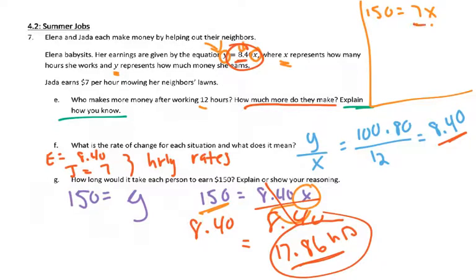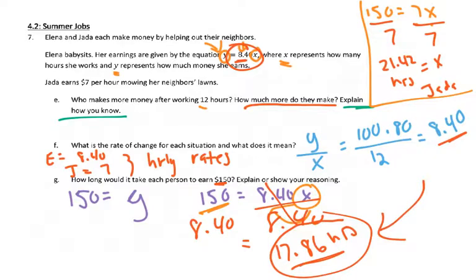If I divide each side by 7, I'm going to get how many hours she has to work. So 150 divided by 7 is approximately 21.42 hours in order for Jada to make $150. Remember, right here is Elena's.